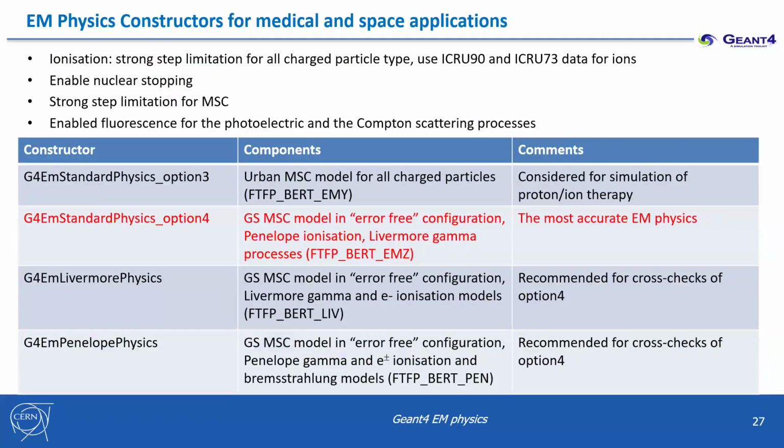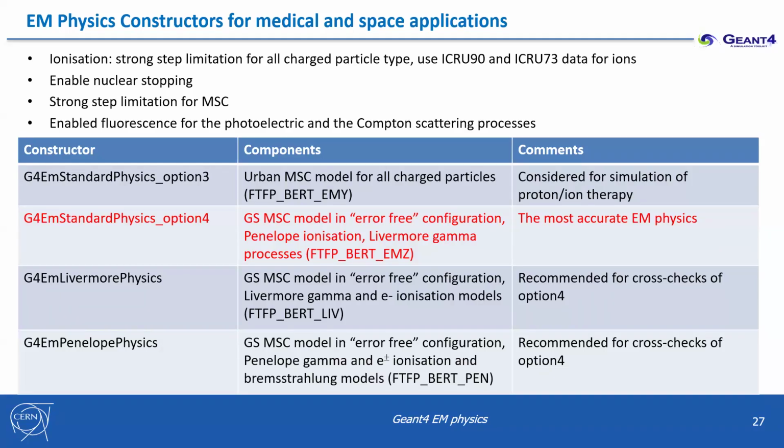For other applications, for example, for medical, for space, for other applications, we may consider alternative physics lists. There are EM option 3 and 4. Our favorite, option 4, has an error-free multiple scattering model, which is called Goudsmit-Saunderson model, GS model. And the physics list is called FTFP BERT EMZ.